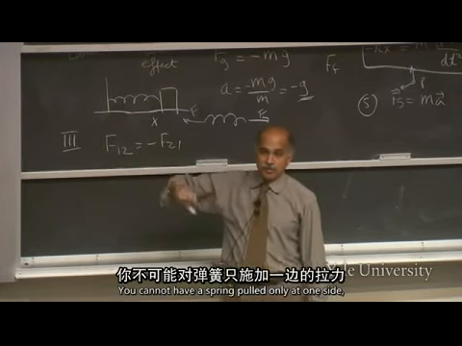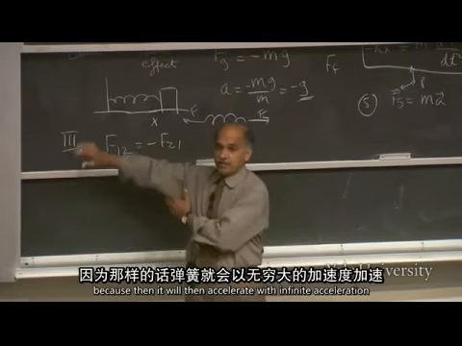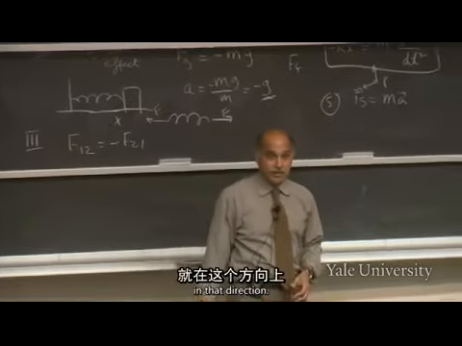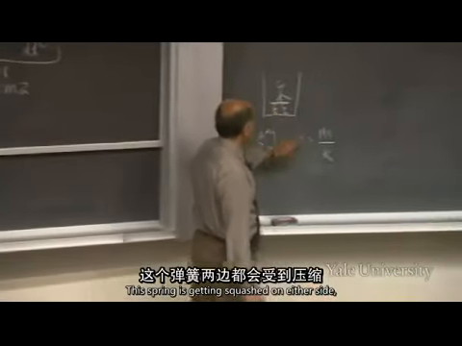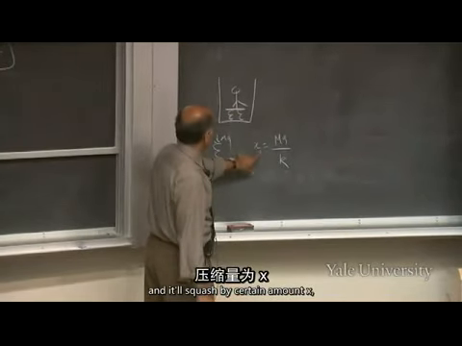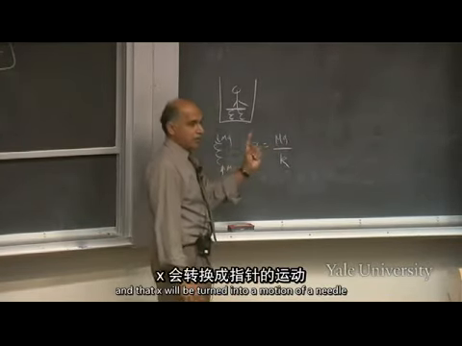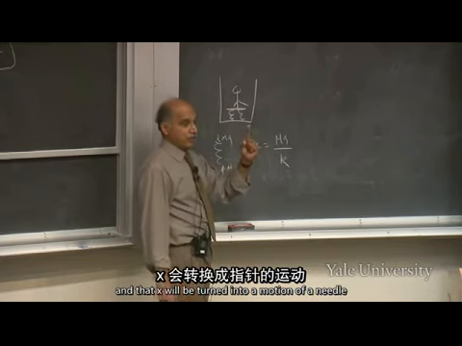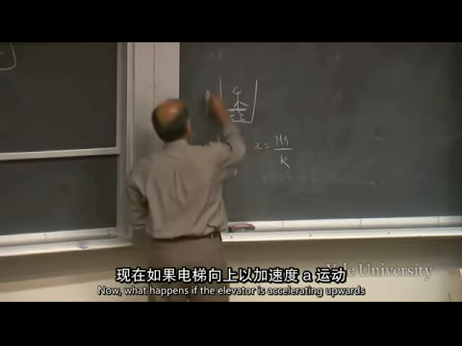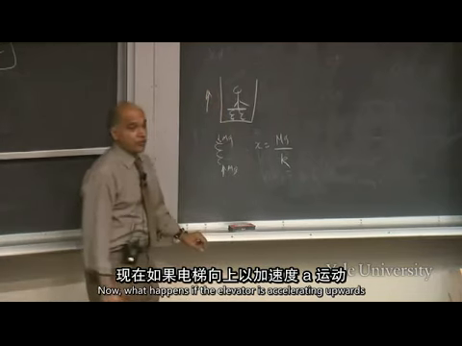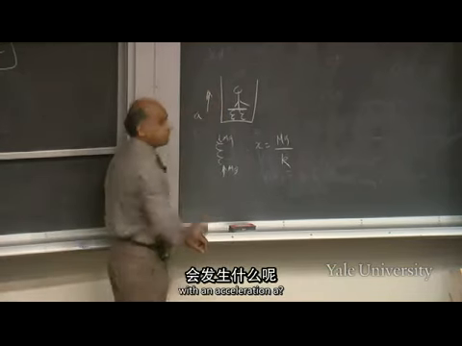But you cannot have a spring pulled only at one side, because then it will accelerate with infinite acceleration in that direction. So this spring is getting squashed on either side, and it will squash by a certain amount x that depends on your mass, and that x will be turned into a motion of a needle, and that will read your mass.